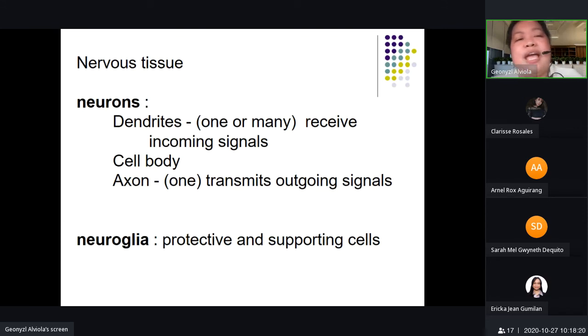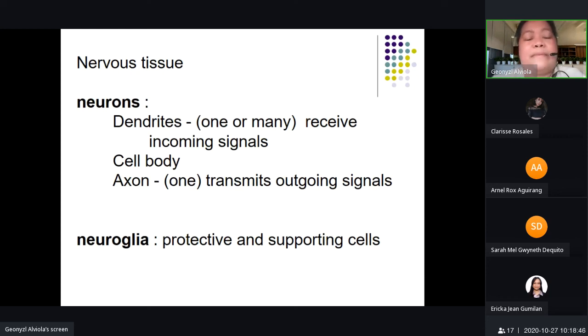Next, we have the last type of tissue, the nervous tissue. Nervous tissue, we have the neurons, the dendrites. In the nervous tissue, the primary cell are the nerve cell. The nerve cell consists of three parts. We have the dendrites, the cell body, and the axon.